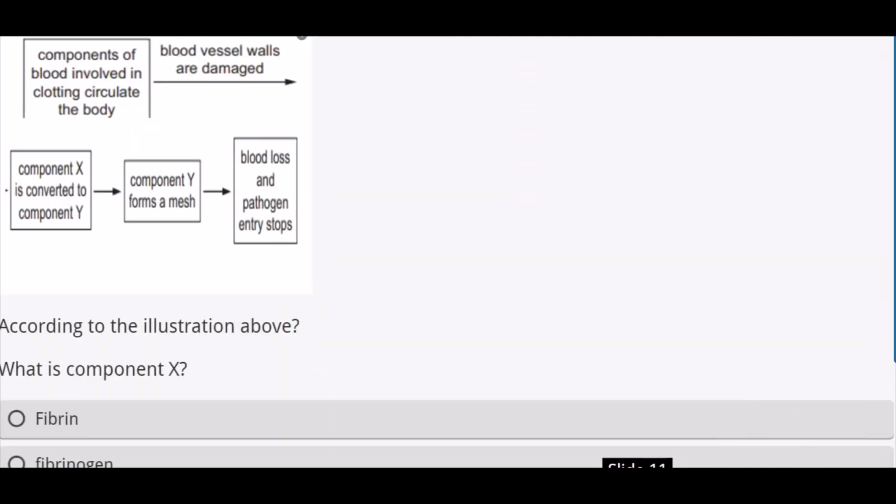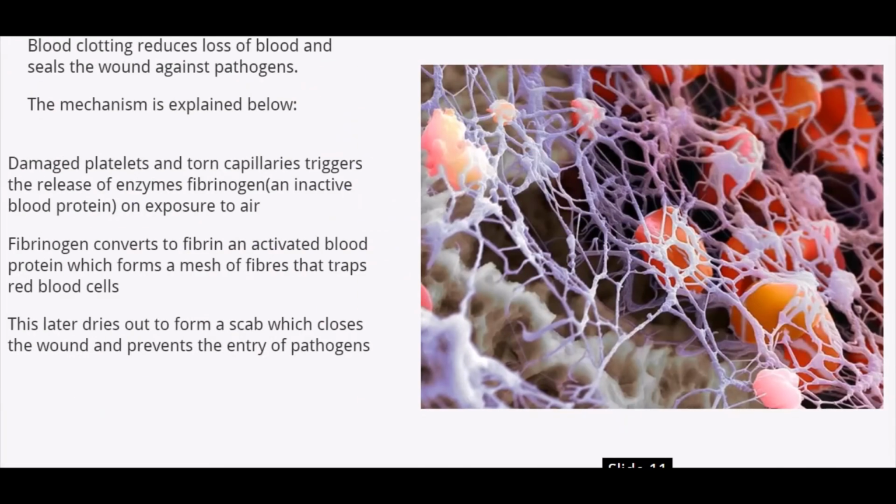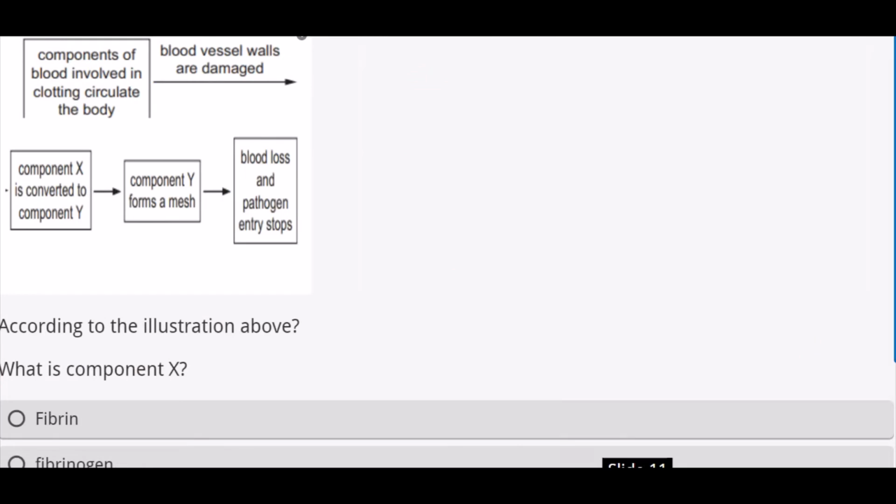So we have a question relating to blood clotting. Components of blood involved in clotting circulate the body, and then blood vessel walls are damaged. Component X is converted to component Y. Component Y forms a mesh.